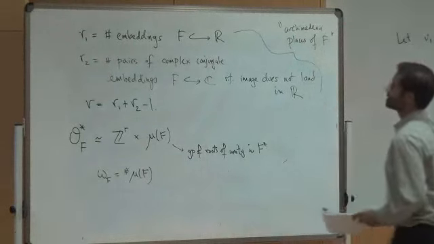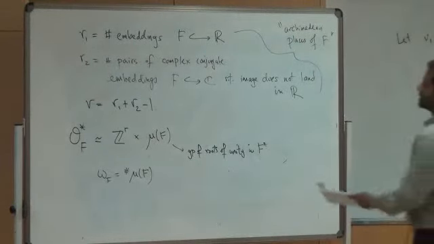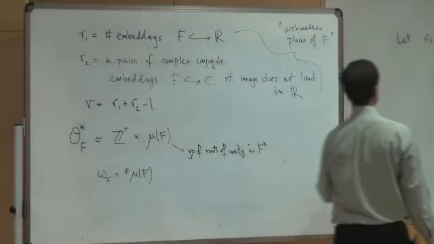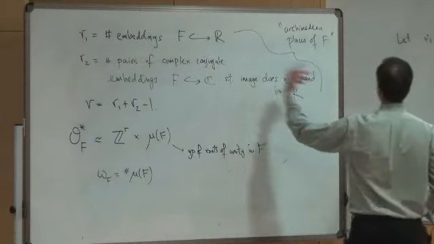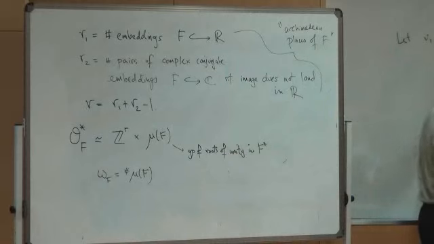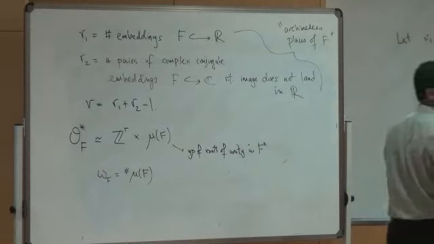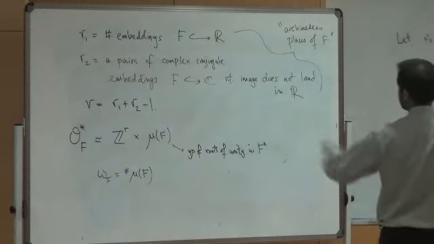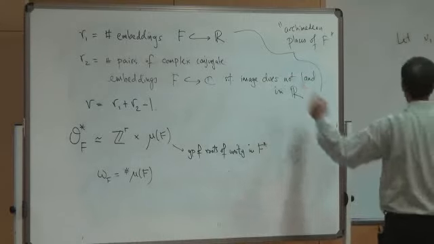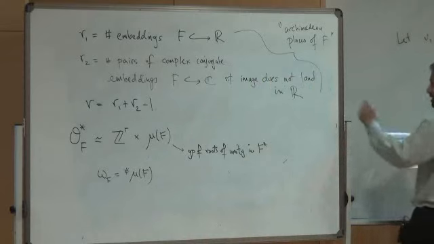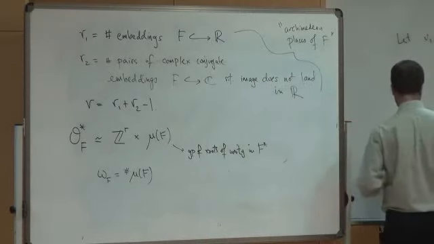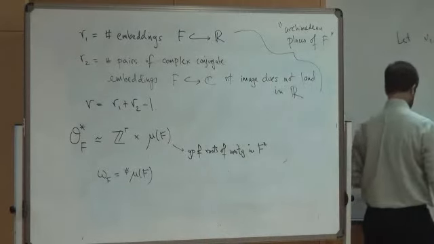There's exactly r_1 plus r_2 of them, which is r plus 1, which is why I've labeled them this way. So for each of these complex conjugate embeddings, I've just chosen one arbitrarily, and everything I'm going to say later is not going to depend on the choice that I make of the embedding of the field into the complex numbers up to conjugation. So for each of these pairs, I just choose one of the embeddings, and I call it v_i.